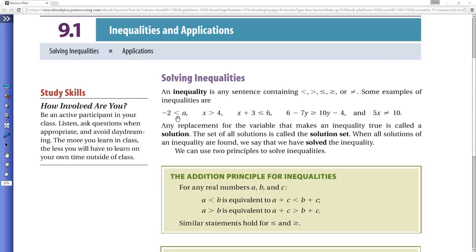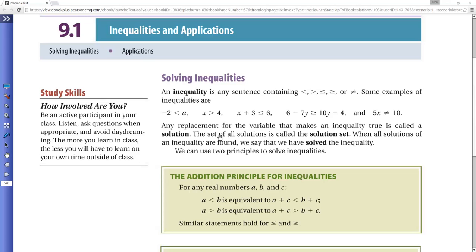Well, I think they got this symbol from a number line. When we draw a line, we always put an arrow on the end. Well, this is the arrow part of that number line. And I could say negative 2 is left of everything that could be possible for this variable. Or for this one here, all the things that are possible are to the right of 4 on a number line.